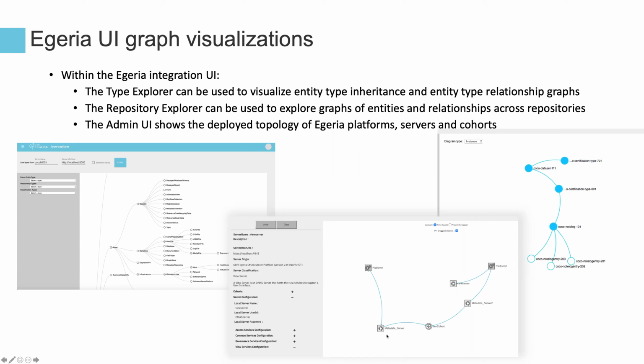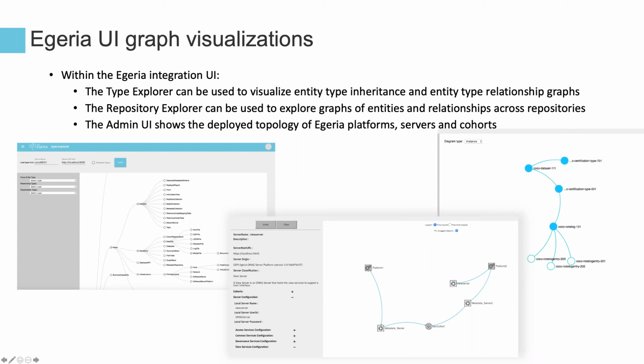Platform 1 is running a server called Metadata Server, and Platform 2 is running a pair of servers. One is Metadata Server 2, and the other one is View Server, which is the server actually supporting this particular admin UI. And the two servers, Metadata Server 2 and Metadata Server, are both members of the same cohort, which is called Dev Cohort.